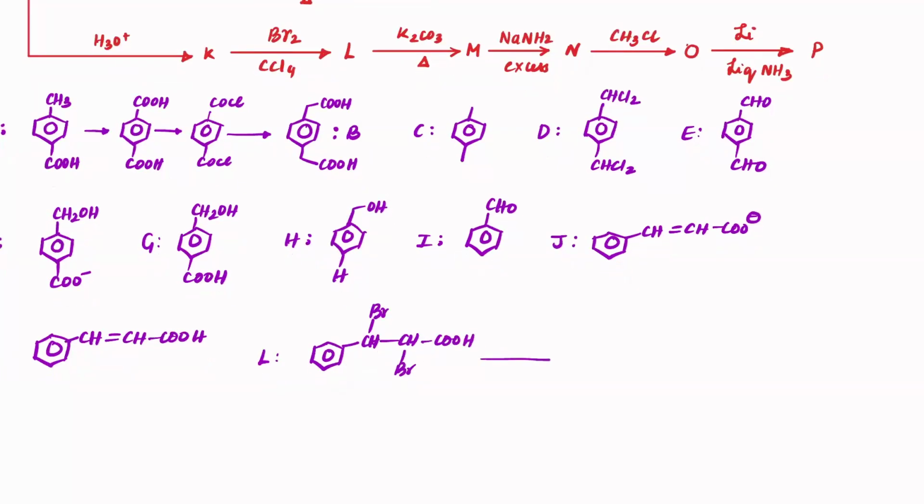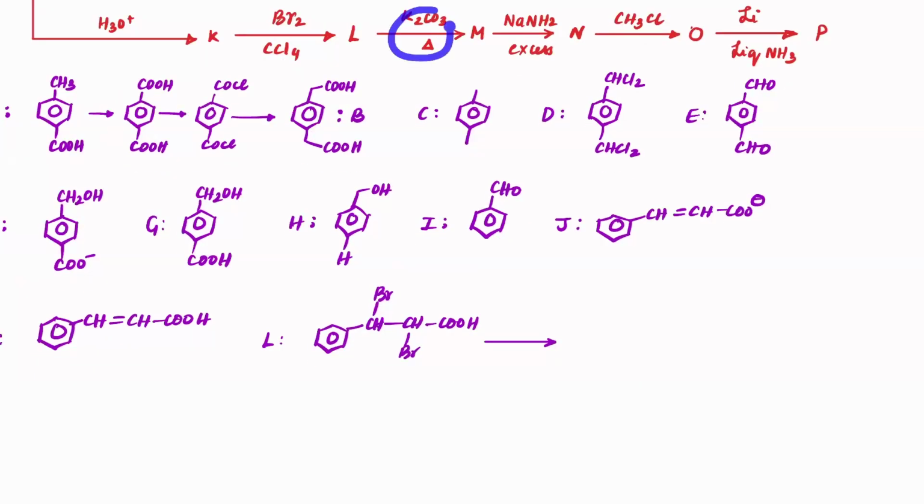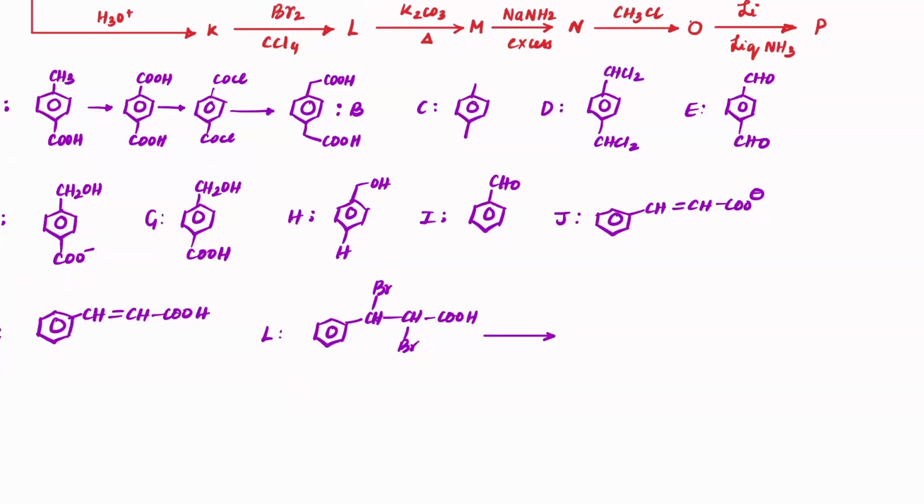Okay. And next, now when you have K2CO3, this will become COO minus. And on heating, see there is a benzene form present here. So this is alpha and beta. At the beta position, if you have benzene form here, decarboxylation will take place. So after L, we'll get M.